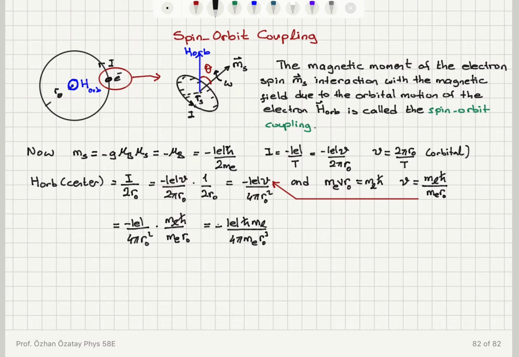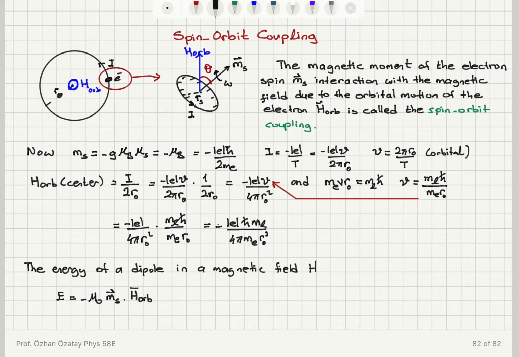The energy of a dipole in a magnetic field H, once again using SI units, is minus mu 0, the spin magnetic moment dot product with the orbital field.